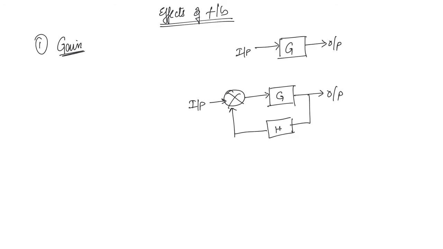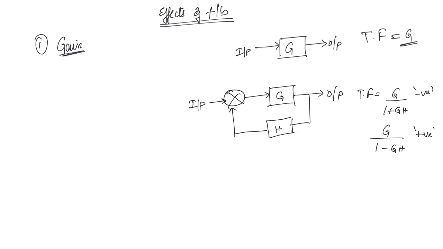The transfer function for an open loop system will simply be equal to G, right? But for a closed loop system, the transfer function will be G by 1 plus GH for negative feedback systems and G by 1 minus GH for positive feedback systems.